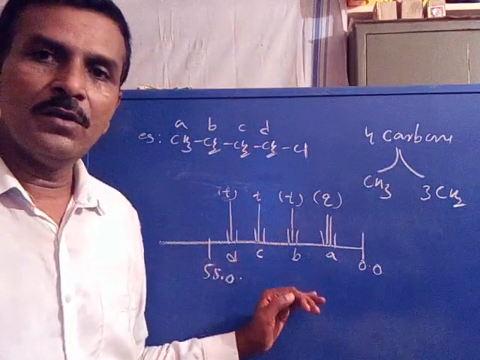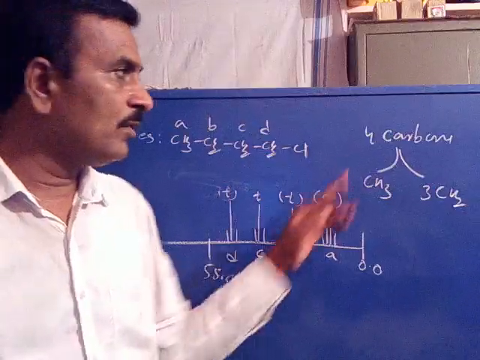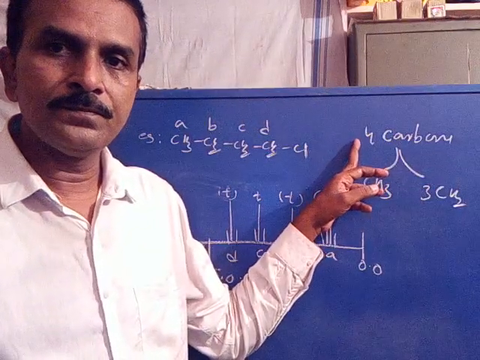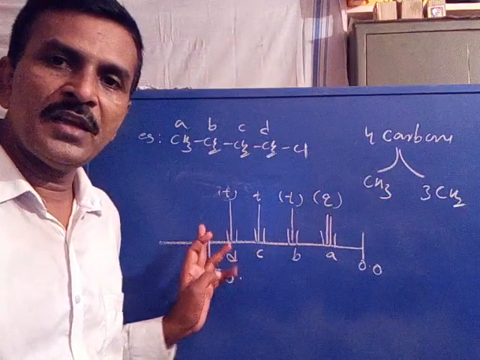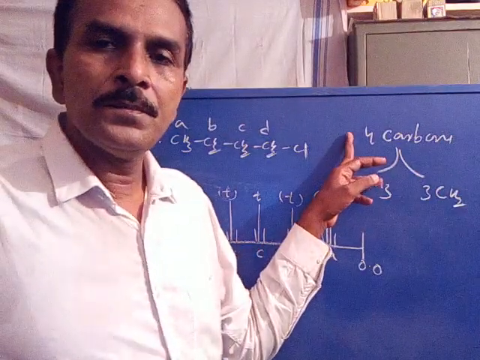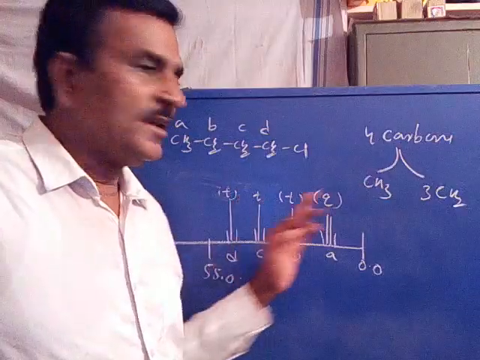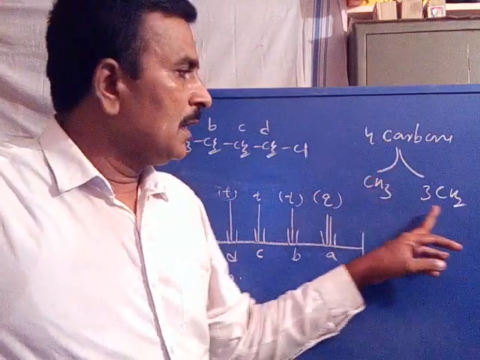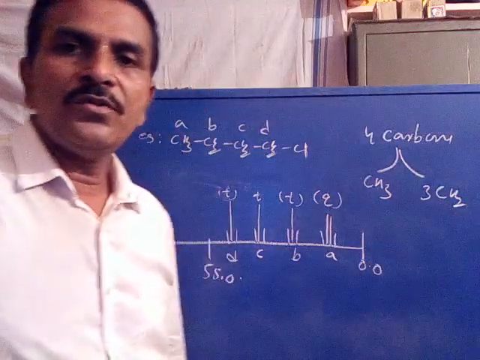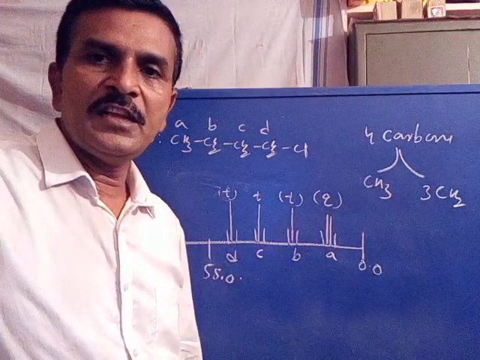So this is the molecule. A molecule consisting of 4 carbons, obtained based on the number of signals in the spectrum. 4 carbons. Based on the multiplicity, among the 4 carbons, 1 carbon belongs to CH3. The other 3 carbons belong to the CH2 group. Is it clear?